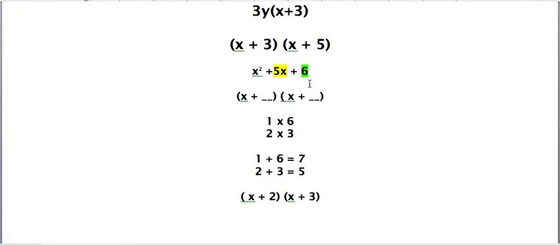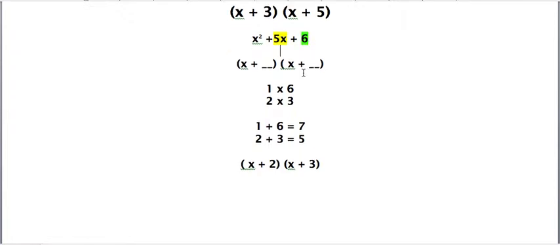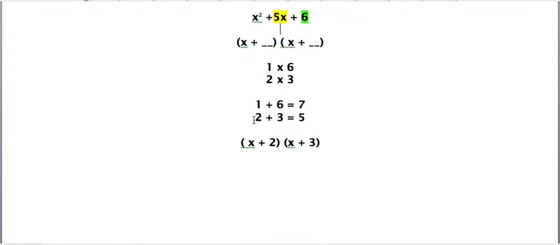So, on a piece of paper, you would write down all the numbers that multiply to 6. So for example, 1 times 6, and 2 times 3. Once I've done that, let's add these numbers together and find out what they are. So in this case, 1 plus 6 adds to 7, and 2 plus 3 adds to 5.